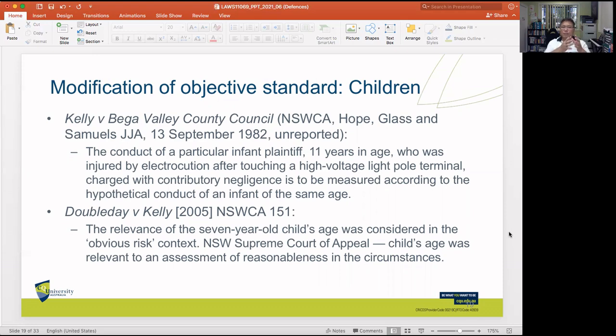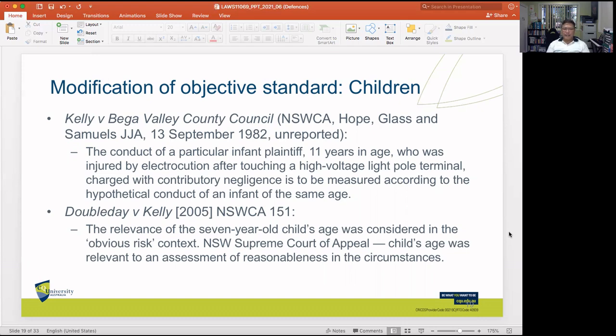It speaks of what would you expect of children, of most children who are 11 years old, when it comes to touching a high voltage light pole terminal. So it's still an objective standard, but pitched at a lower level, at the level of the hypothetical conduct of an infant of the same age.